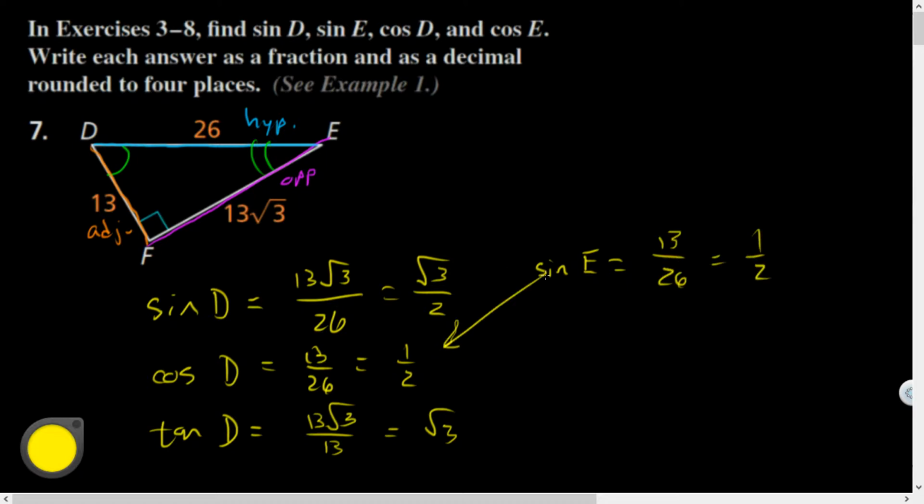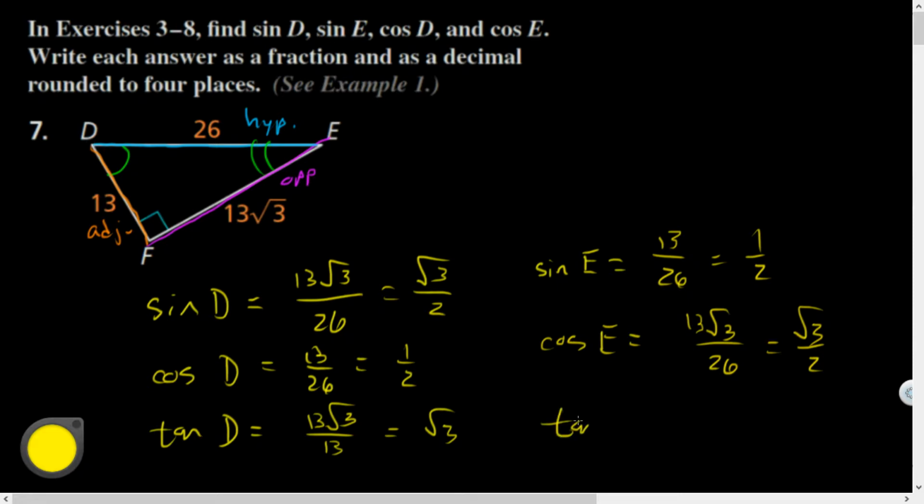And perhaps you remember that these two are the same ratio, oddly enough. Cosine of E is E's adjacent over the hypotenuse. The hypotenuse always stays the same. And that's going to be root 3 over 2.